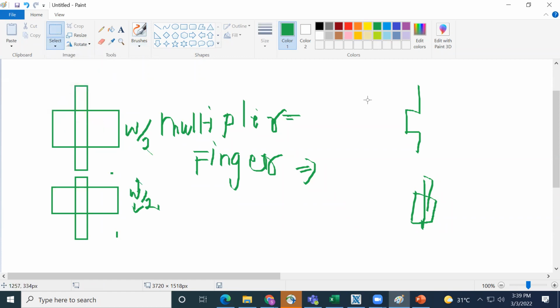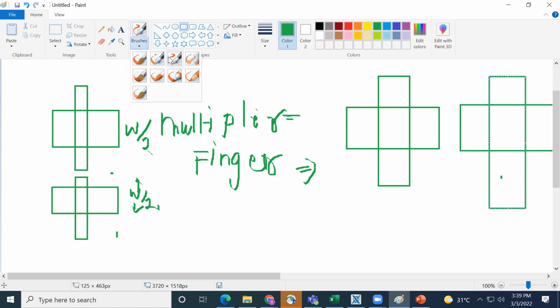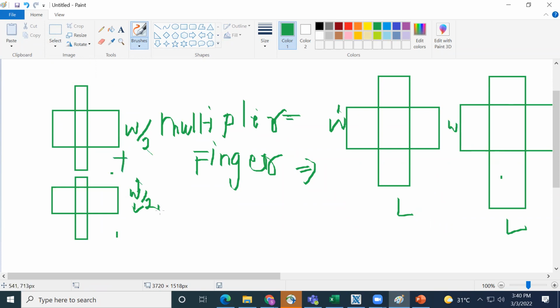But if this device is given 2 multiplier, it is just a copy, a replica. So L and W are the same. If you add W by 2 and W by 2, it will be W. That's why it is called the series concept. Multiplier is just a parallel concept.